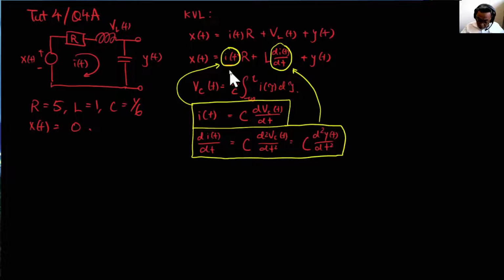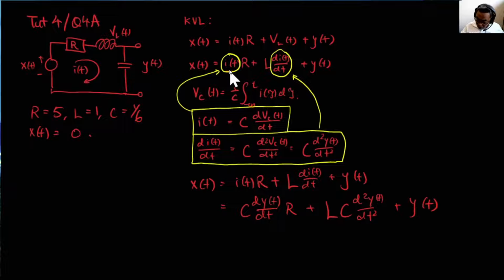Let us now substitute. What we did was simply substitute what is i(t) over here, using dy(t)/dt, and we also substitute this as di/dt. So this is the equation of x(t).